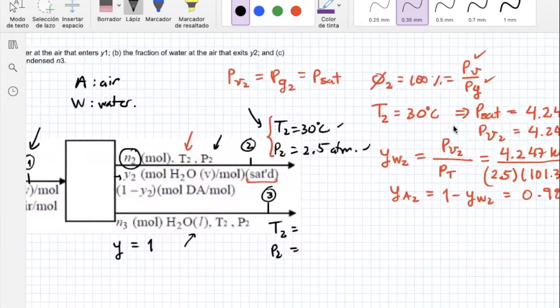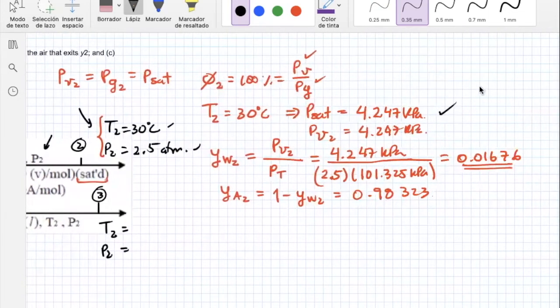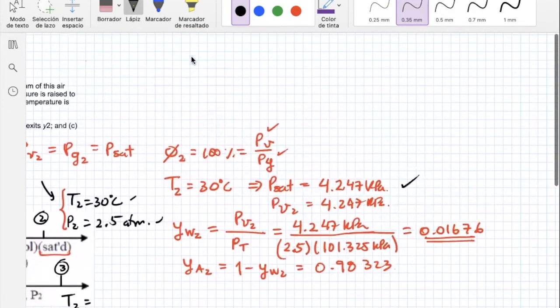By the way, you can get it with the steam tables, but if you are not familiarized with the steam tables, you can get it, for example, with the Antoine equation.